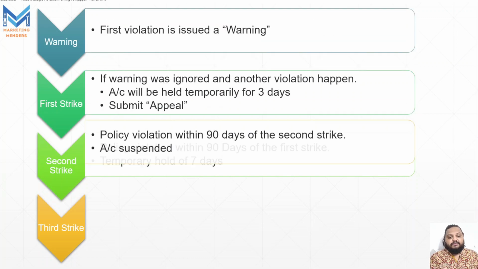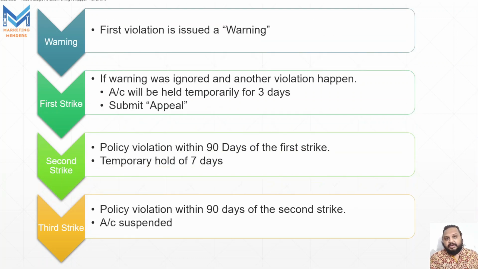And then the final one. Again, you have ignored the second strike, and within 90 days you have again violated the Google Ads system. Then you will get a third strike, and your account will be permanently suspended. There will not be any review, there will not be any option of submitting an appeal, and your account will be permanently suspended.